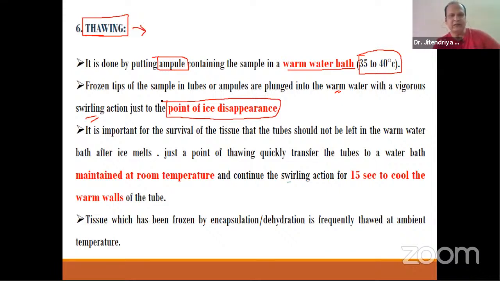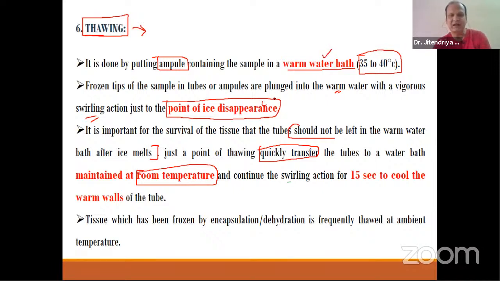Okay. Then once it is done, the tubes should not be left in the warm water bath after ice melt occurs. You should not put them further into the water bath. It should be transferred, okay, to which one? To room temperature. Okay, this is a gradual process. First, you put them into the water bath.